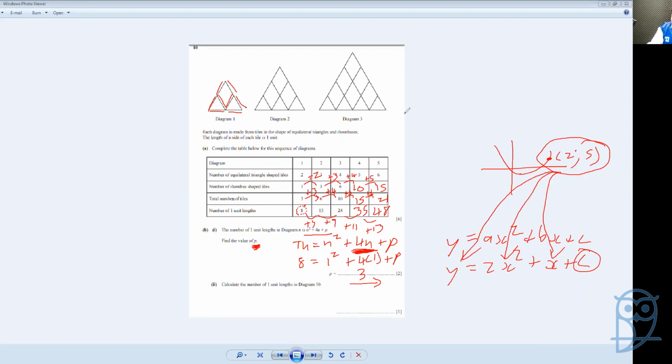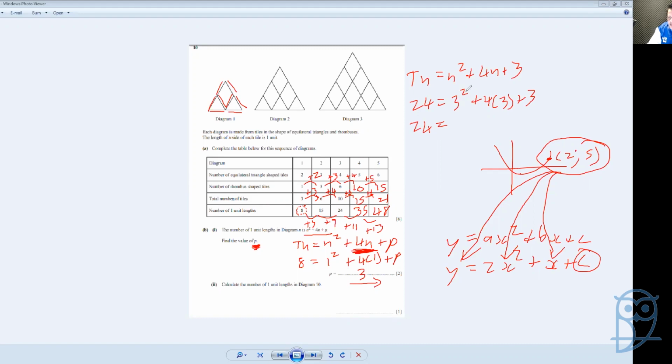Now, to save our lives, we need to make sure that we just quickly check this. So we know these values. So let's sub in for 3. So I have T3, and T3 is actually going to be 24, should equal 3 squared plus 4 times 3 plus 3.